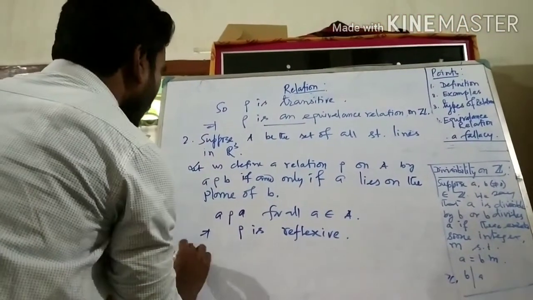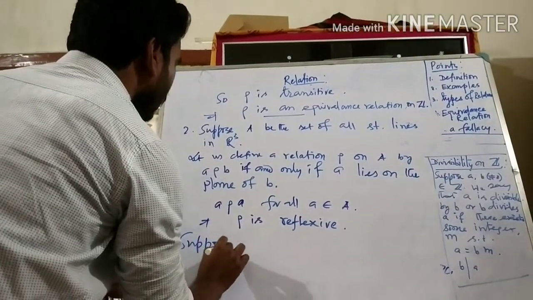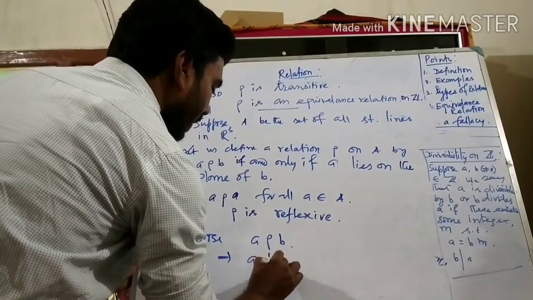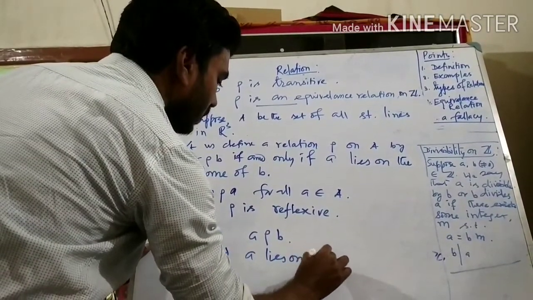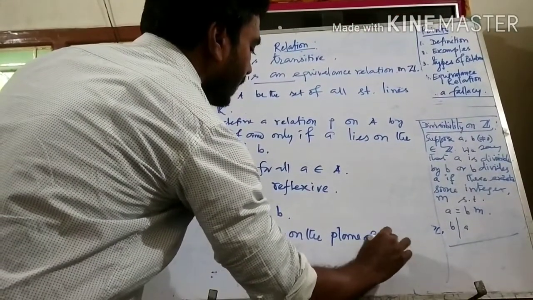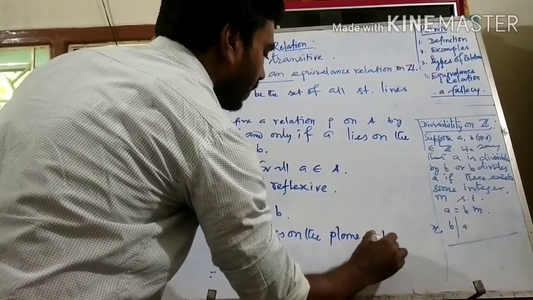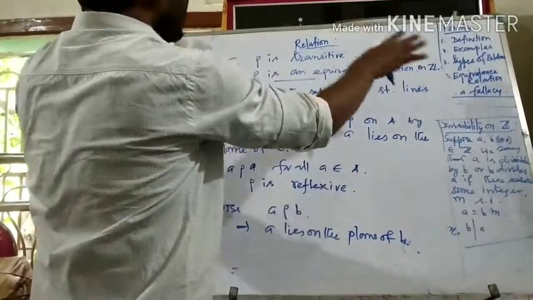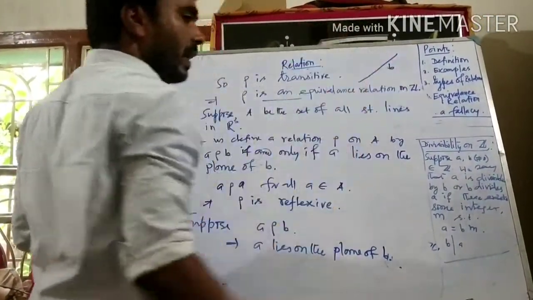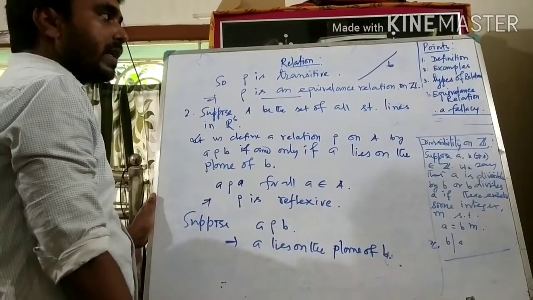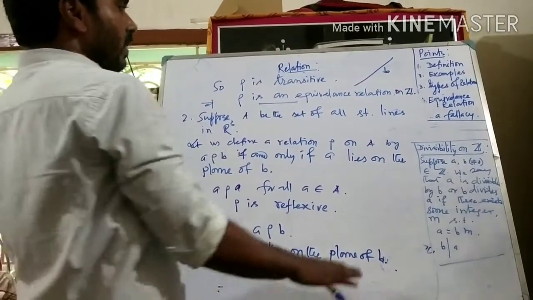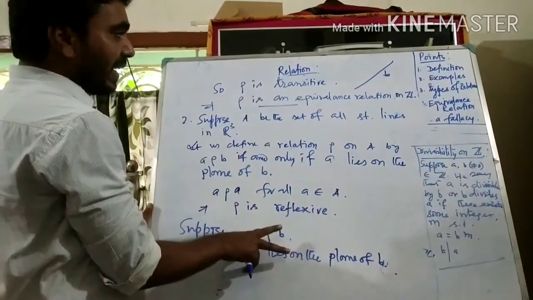Symmetric. For that, suppose A rho B. That means A lies on the plane of B. Suppose this is my plane on which the straight line B lies. Okay. Then this is my assumption.